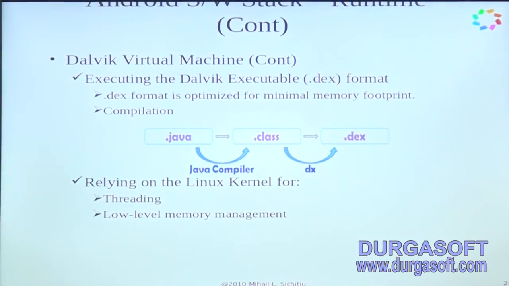What the Dalvik virtual machine actually does, you can see in the following picture. The .java file is what you write, the complete logical code that you write for Android, and it gets compiled by the Java compiler, and there you get the .class, which means the bytecode.